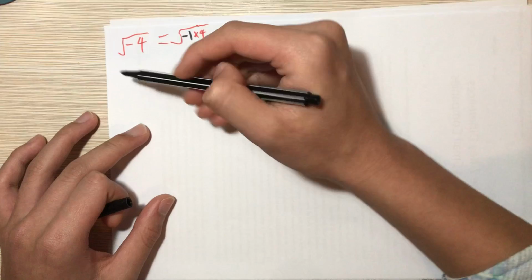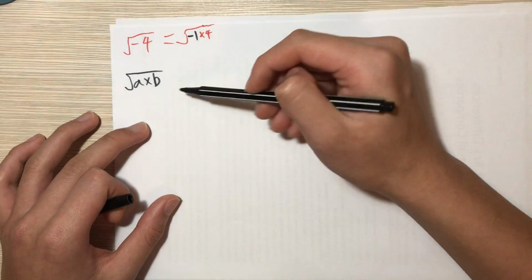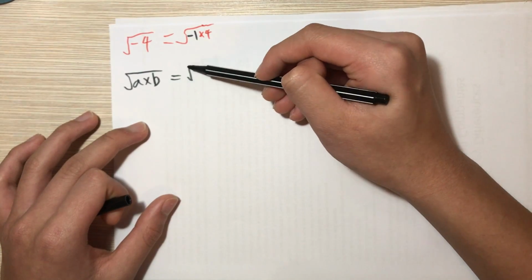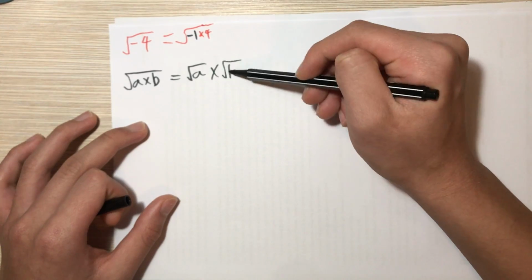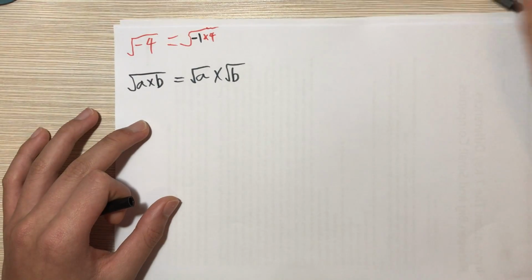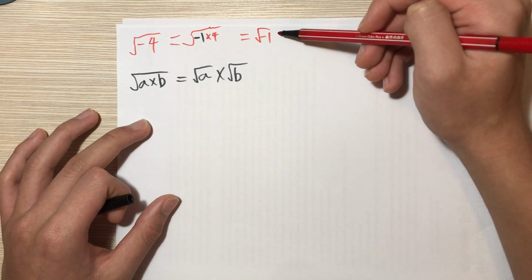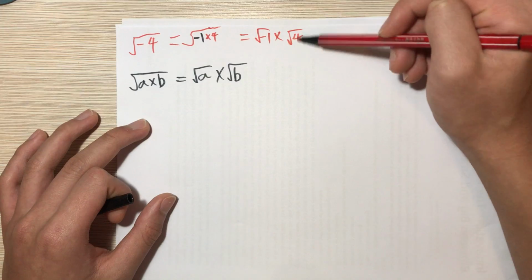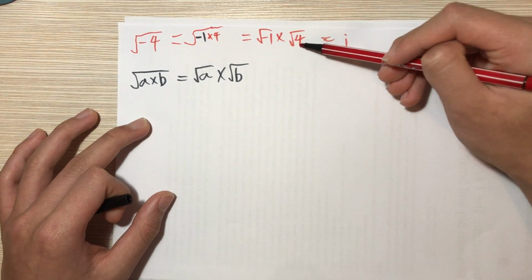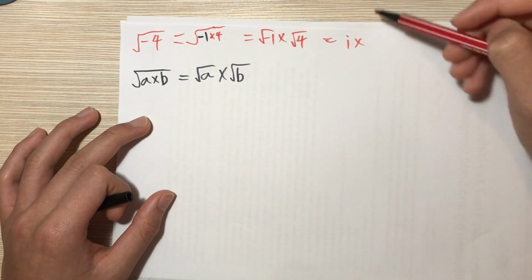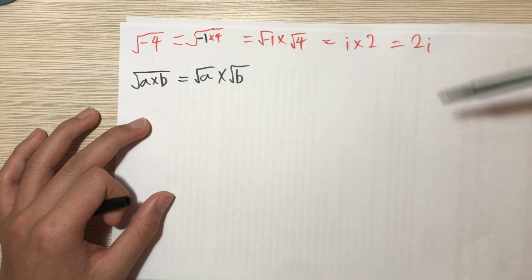And note that if you have a square root of a multiplied by b, we can just simply write that as square root of a multiplied by square root of b, so that in fact we can separate them. Square root of negative 1 multiplied by square root of 4, and then square root of negative 1 is just i, and then square root of 4 is just 2, so that our answer is 2i. Done.